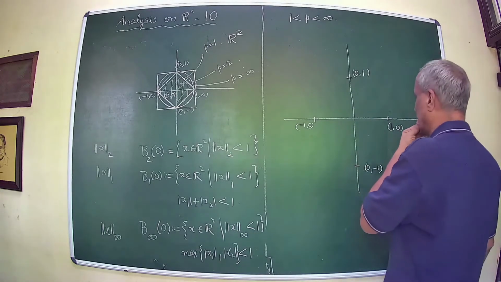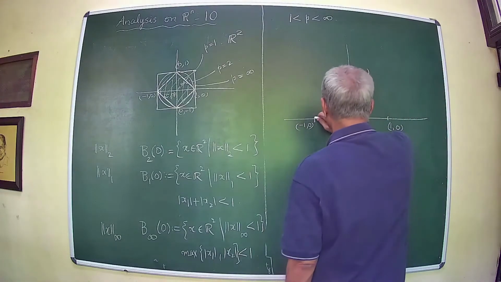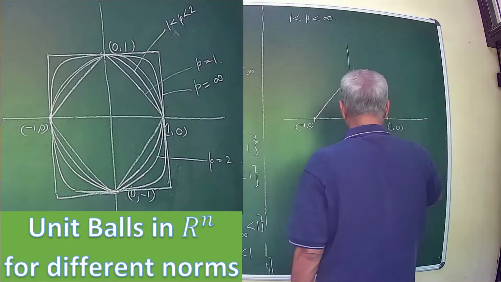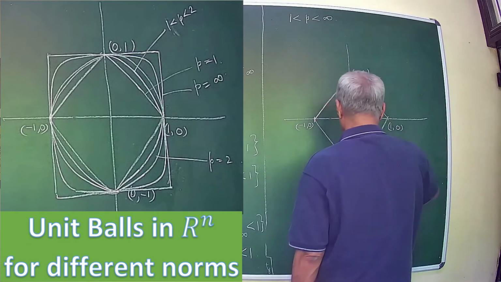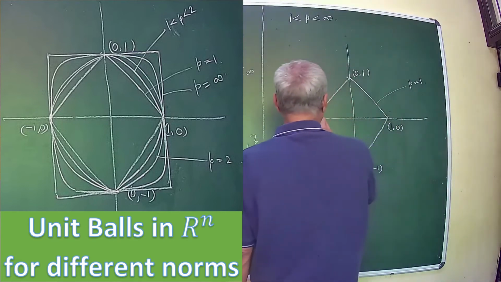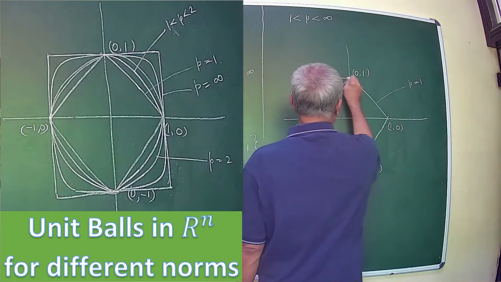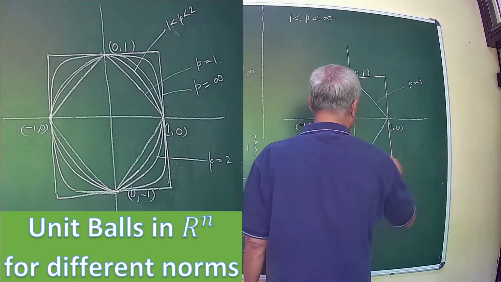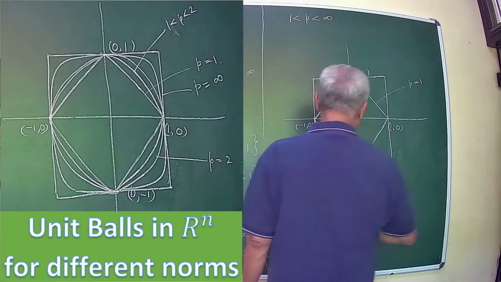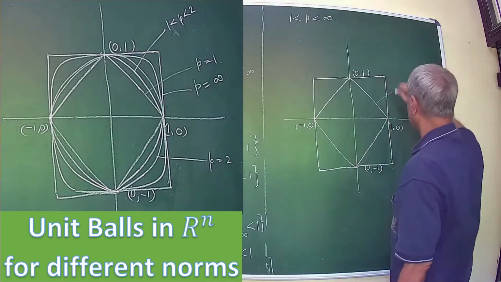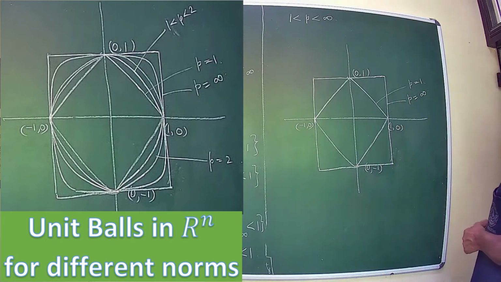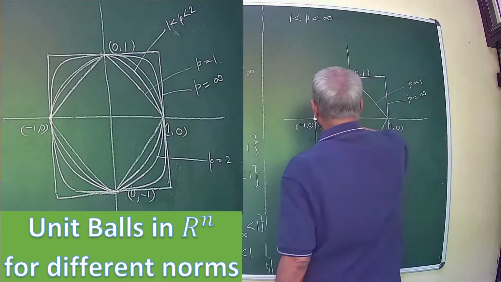Now you see that the extreme cases are, this is p equal to 1, and then you have for p equal to infinity, this is corresponding to p equal to... Now the circle p equal to 2 lies in between.